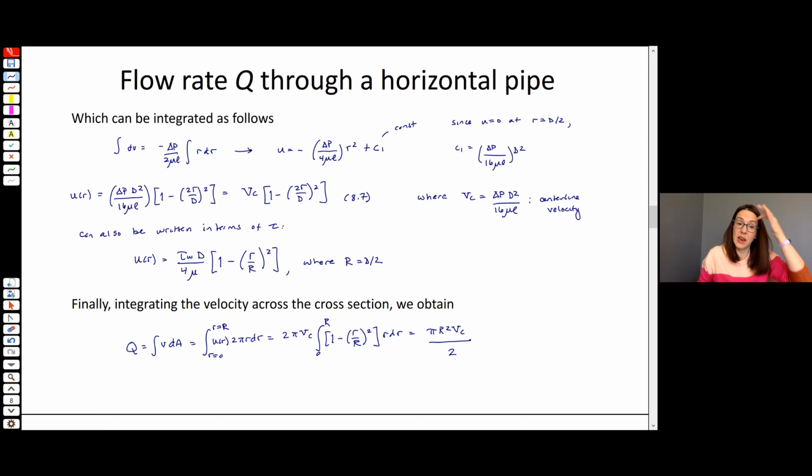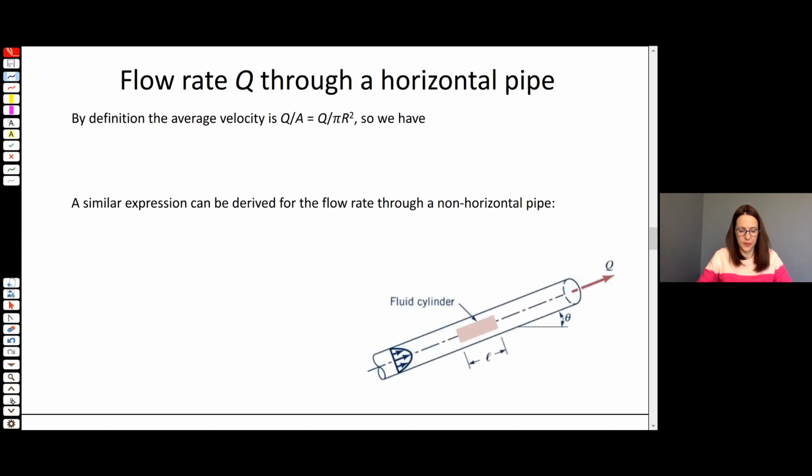And this is what we get when we integrate the velocity across the cross-section. We get this expression for Q, which is pi, the radius squared, the centerline velocity, over 2. Okay. Now, by definition, the average velocity is the volumetric flow rate divided by the cross-sectional area.